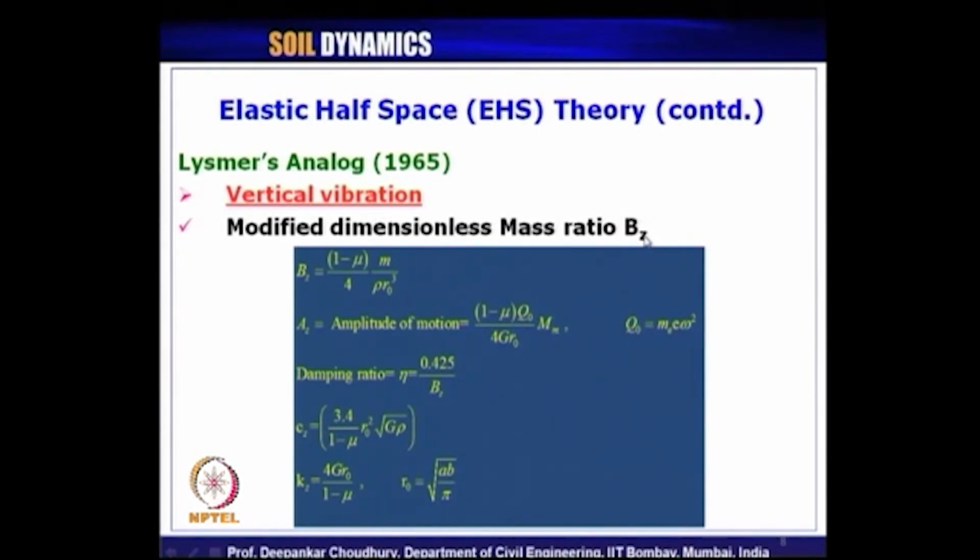Z is for vertical mode of vibration, as you know. So, capital B. Reisner proposed the mass ratio as small b, whereas Lysmer has modified it to capital B, Bz, and how has he changed this?